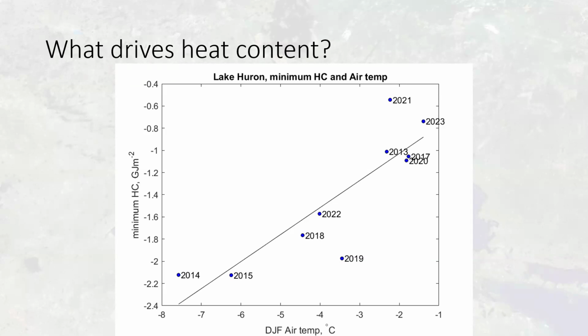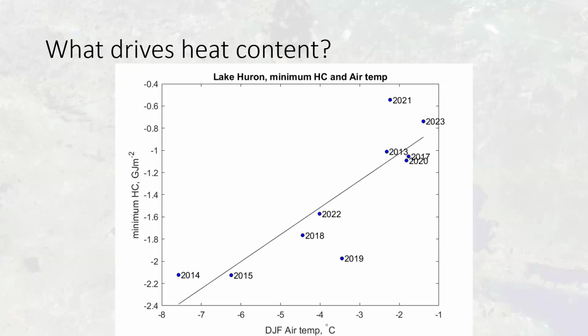And here I obviously was brave enough to run a fit. And so you see that something like 65% of the variability from year to year is simply linked to air temperatures. These are very big complex systems with lots of really interesting mechanisms that cause heat to be exchanged. But it boils down to whether it was a warm winter or a cold winter, as to whether it's stratified, or as to what the minimum heat content is.